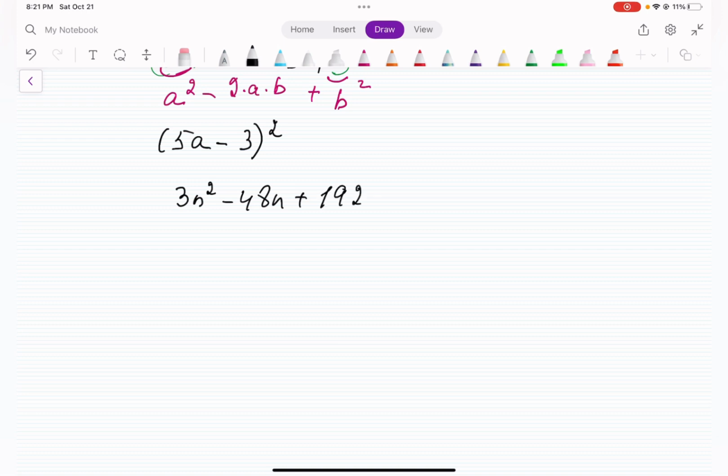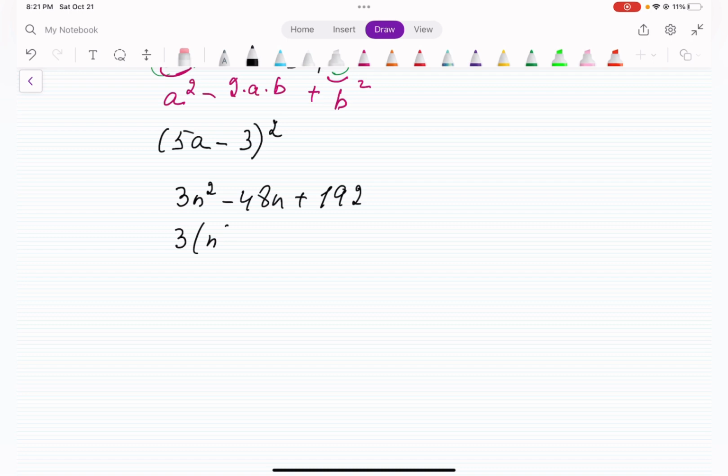So first of all, can I take this 3 out? Because no number squared is going to give me 3. Therefore, I'm going to see if I can take this 3 out, right? Okay. Let me see. 3.